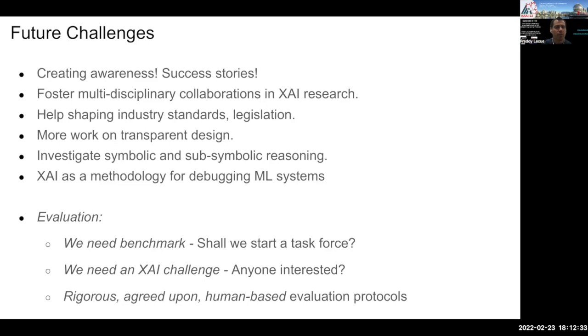XAI is a methodology for debugging ML systems. I think we're there already. And benchmarks, I think we still need benchmarks. We were asking the question a few years back, and still don't get many, because there is no real ground truth explanation. If you provide ground truth explanation, we may end up in the problem of always solving a task for the data, but the data is only one problem, right?